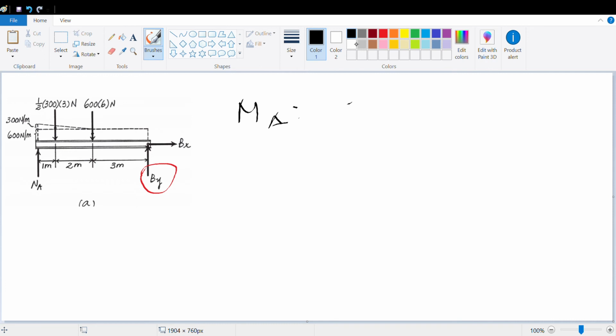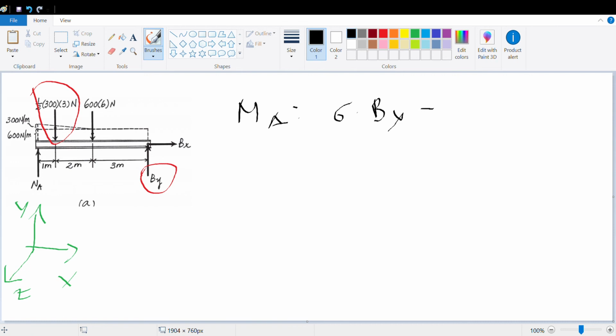So this is 6 times By minus, because it's negative, the moment produced by this component of the force, and is negative because I had put my system of reference like this. So Z is coming out of the paper, and the moment produced by that force is against Z, so it's negative.